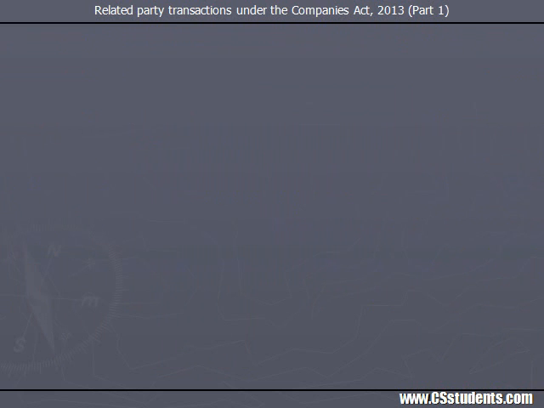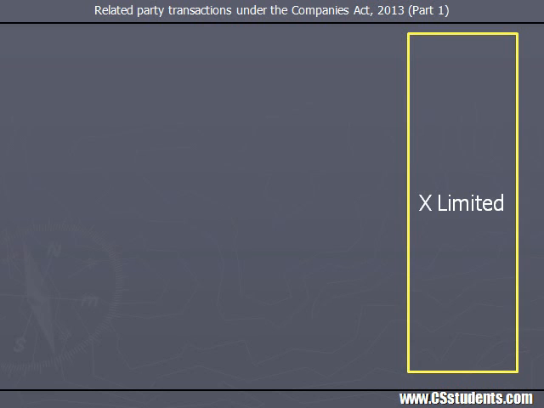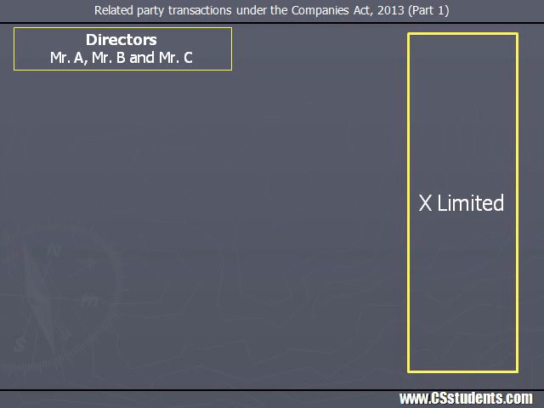Let's understand the definition with an example. As appearing on the screen, X Limited is a company for which we need to determine the related parties. X Limited has 3 directors: Mr. A, Mr. B, and Mr. C. We have already seen the definition of related party.